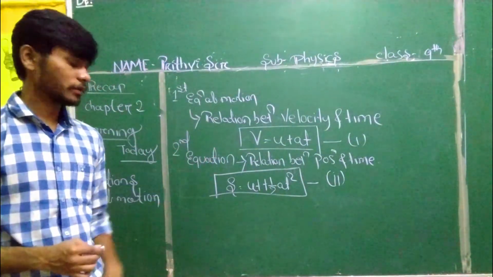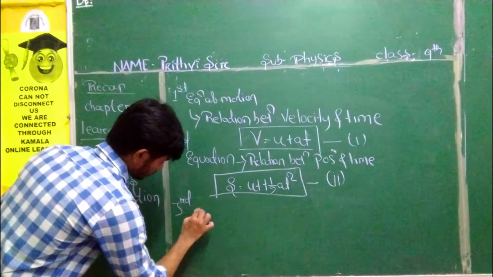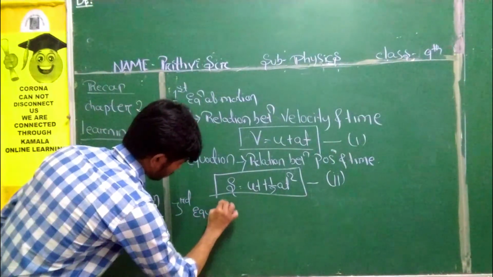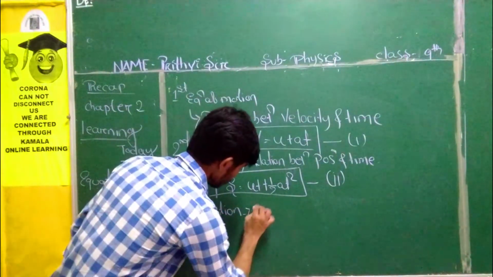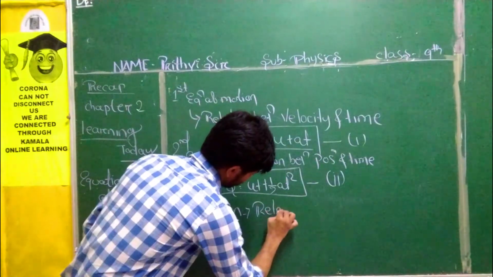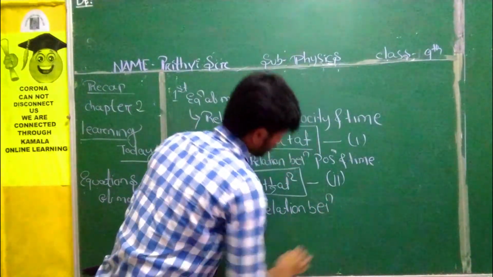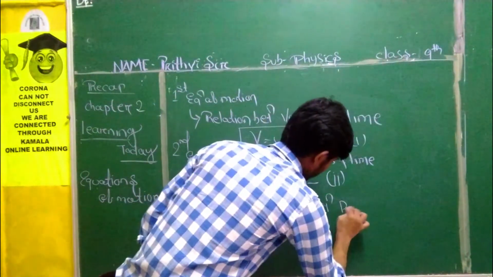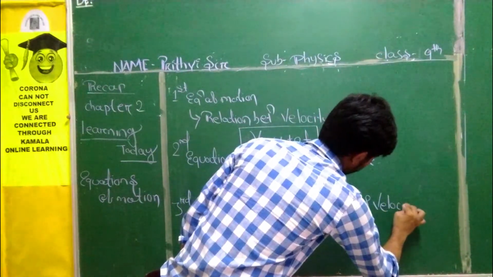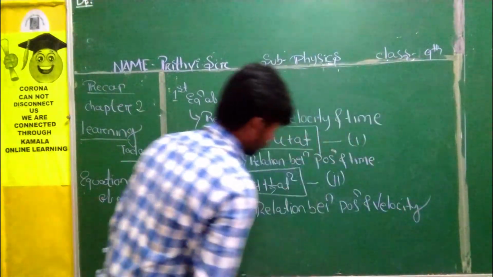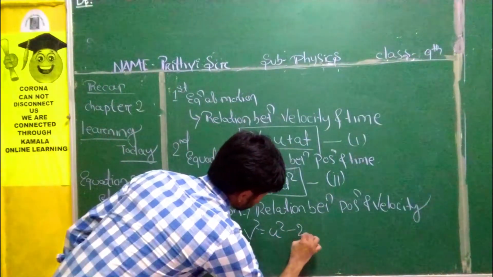Equation number 1, equation number 2. Then the third equation is the relation between position and velocity, that is V square is equal to U square plus 2AS.